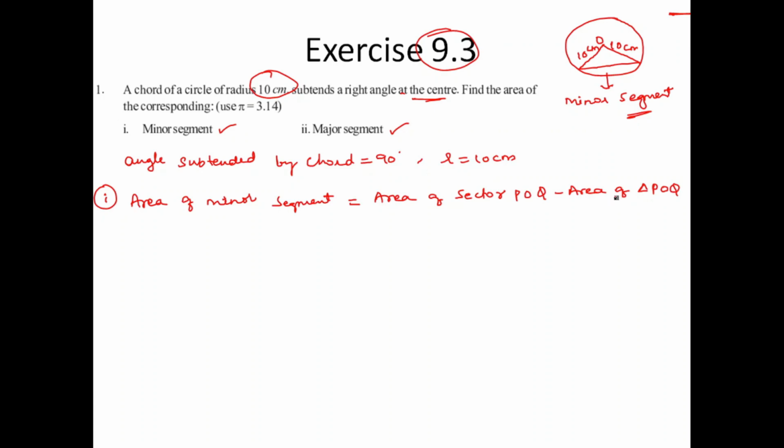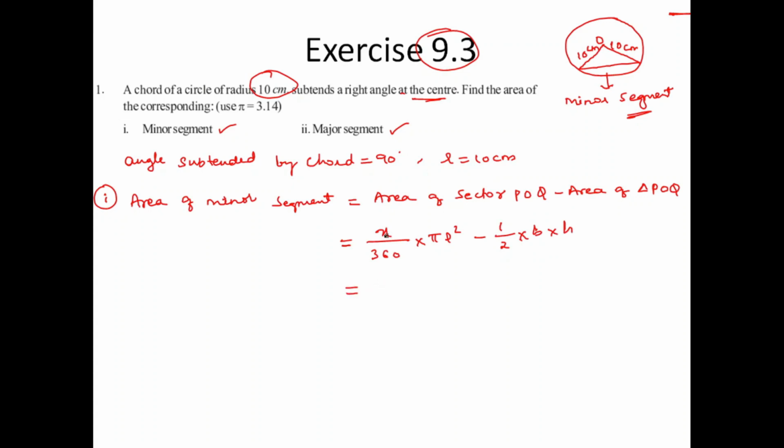Area of this sector is x by 360 into pi r square, minus the area of the triangle, half into base into height.